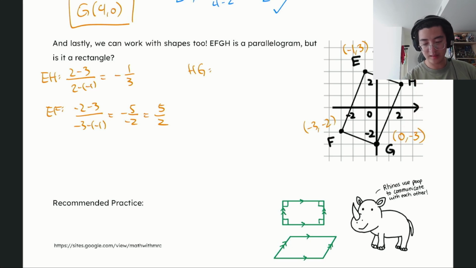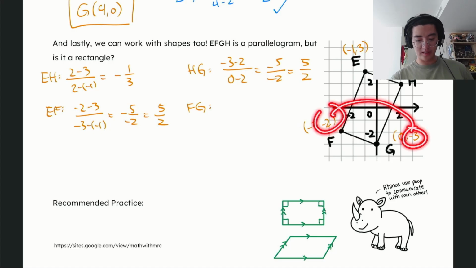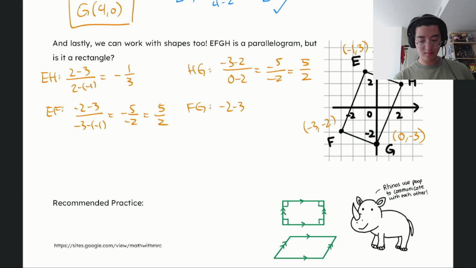This minus that. 0 minus the 2. And FG. We've got negative 2 minus negative 3, over negative 3 minus 0.